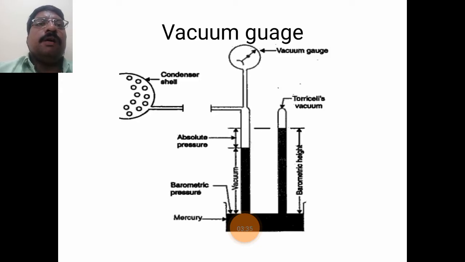Here the condenser shell is connected to the vacuum gauge. Whenever the pressure drop occurs, there is a rise in the mercury level in the vacuum chamber. Hence, taking that as reference, we can measure the vacuum produced, and that reading is shown by the pointer on the dial of the vacuum gauge.